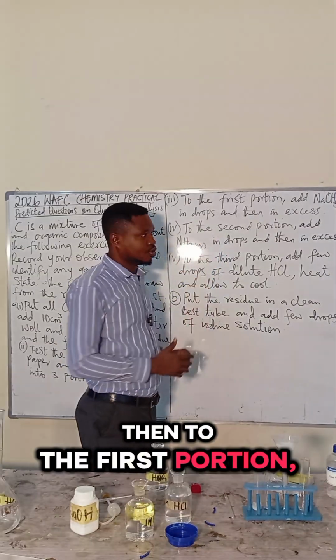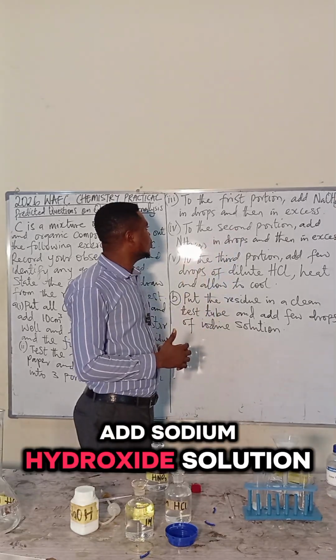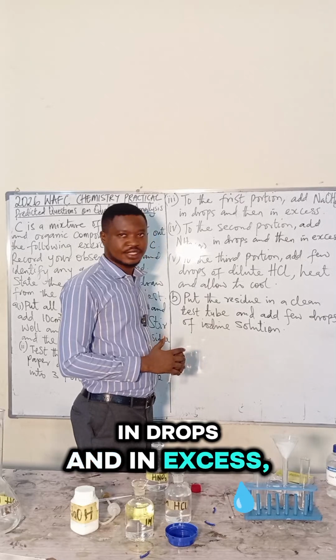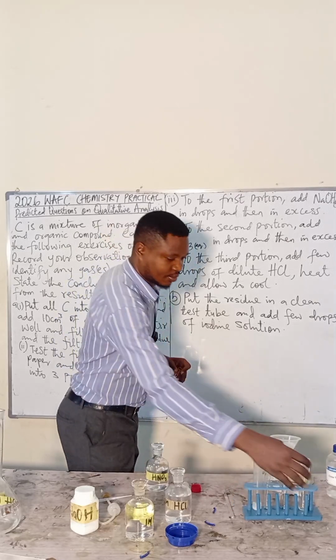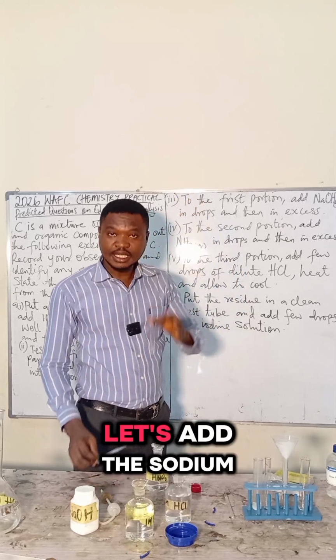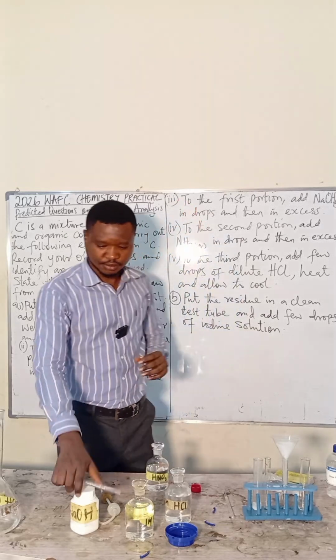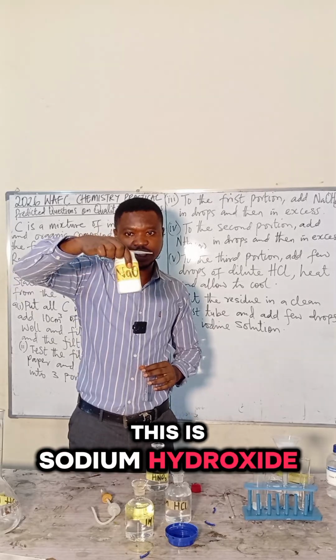Then to the first portion, add sodium hydroxide solution in drops and in excess. This is the first portion. Let's add the sodium hydroxide in drops and in excess. This is sodium hydroxide.